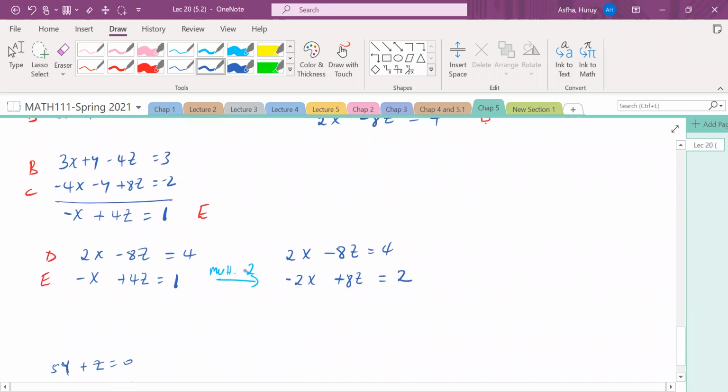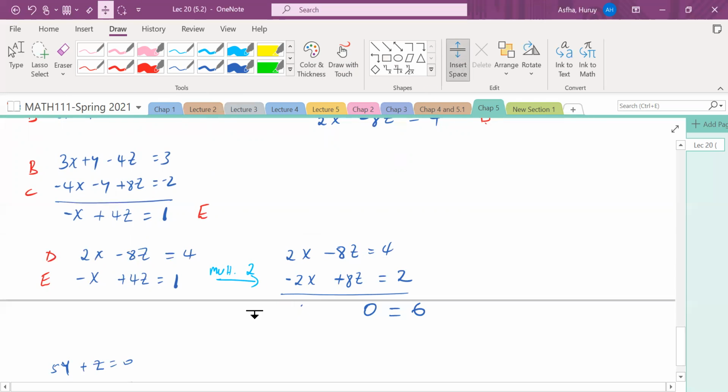Now what do we get? So from here, if we add these two, this is 0 and this is 0. So we have 0 equals 6.